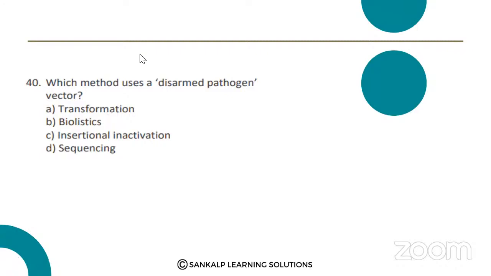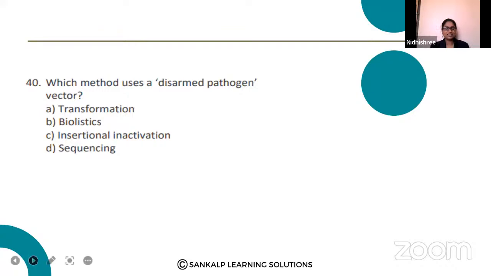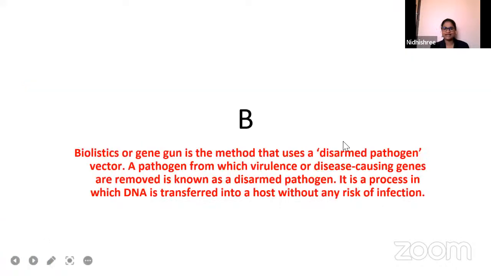Kanchana Raj answered option B. Answers I got from Reshma, Samrin Taj, Deepti, Lohit, Suha. Few of them voted for option A. Most of them voted for option B, that is biolistics. Let us check the answer. Option B is the right answer.